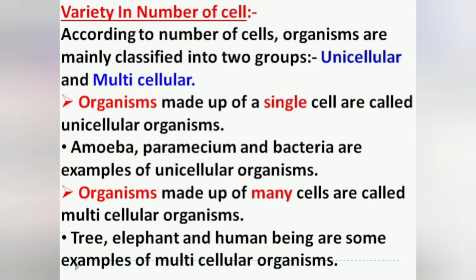Same way, those which have many cells are called multicellular organisms. Now, the exact definition of multicellular is organisms made up of many cells are called multicellular organisms. Some examples of multicellular organisms are tree, elephant and human beings.